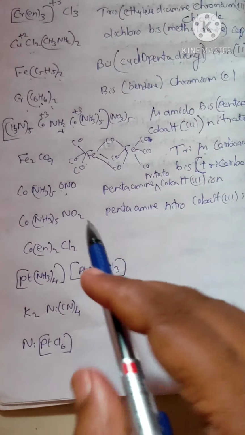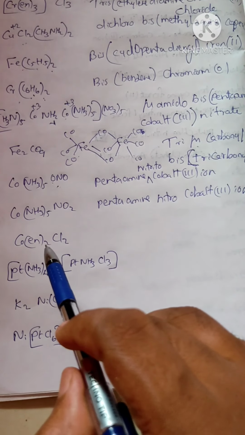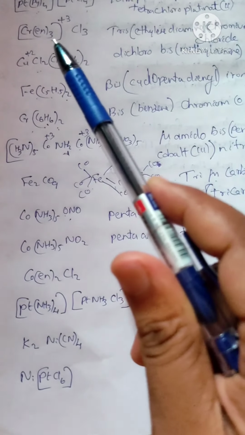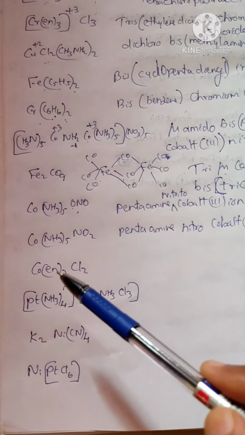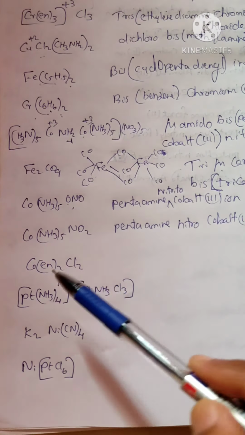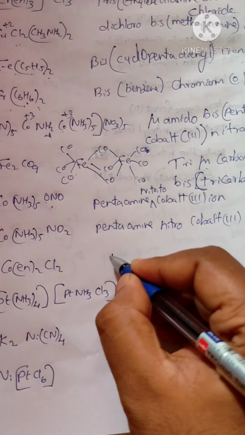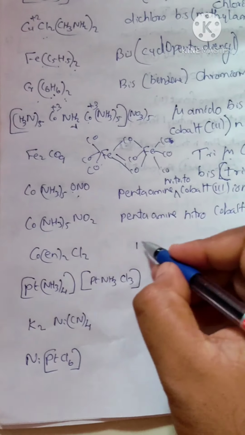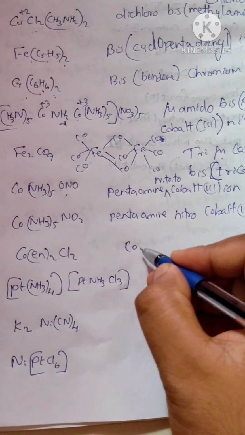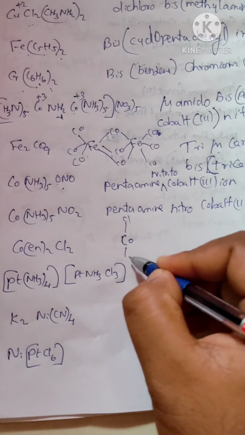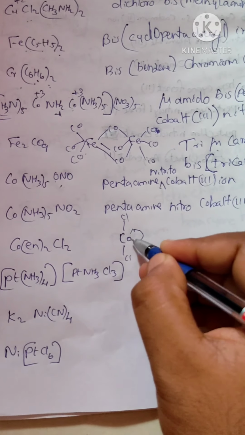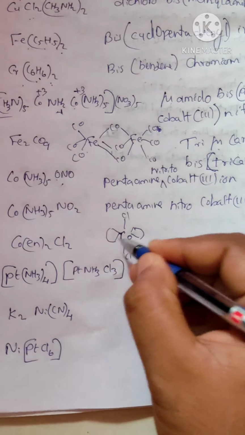If you are seeing here, we have ethylene diamine, 2 times ethylene diamine. Similar to how we write tris ethylene diamine, similarly we have to write bis ethylene diamine, and we have dichloro. If you combine E and C, C will come first. So we will write dichloro. And if you are seeing the structure, the chlorine will exist in trans form, and ethylene diamine will exist in the equatorial positions. So the trans complex is more stable.